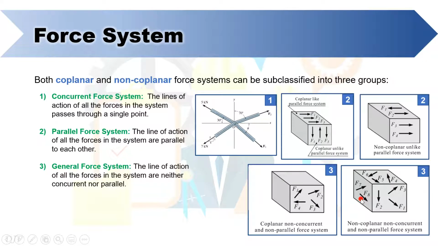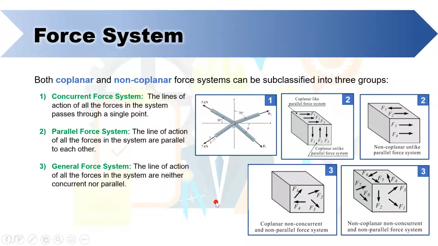These two systems of forces can be classified as either coplanar or non-coplanar, but they are both non-concurrent and non-parallel. You can observe from this figure that it cannot be a concurrent force system. Even if you extend the lines of action, they will not have a single common point of intersection, and they are also not parallel. The same goes for this figure.